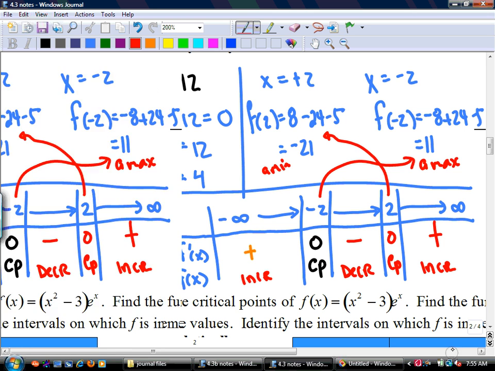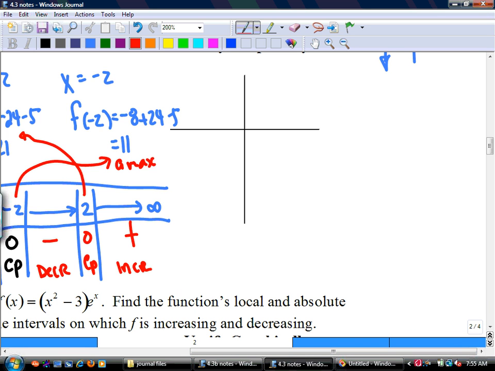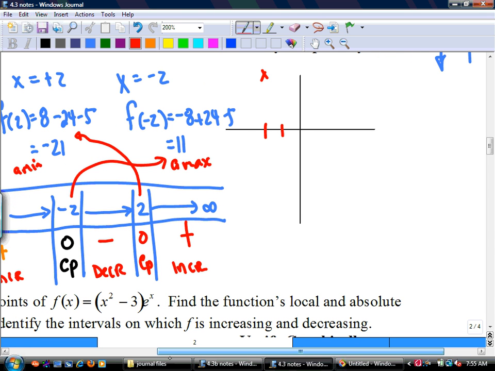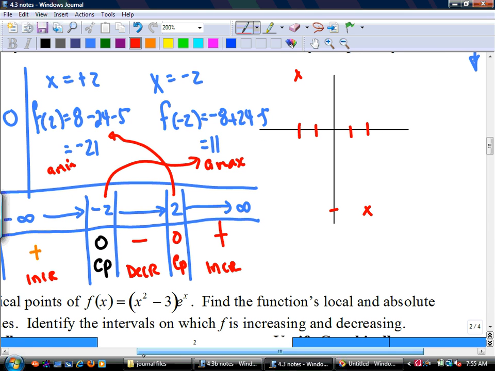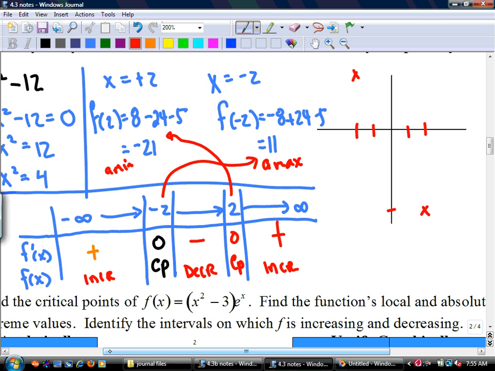Okay. So then we can come over to the curve, and we can plot all this lovely information. (-2, 11). (2, -21). Yeah, about here. I want you to make it climb into -2. Increase to the left of -2.